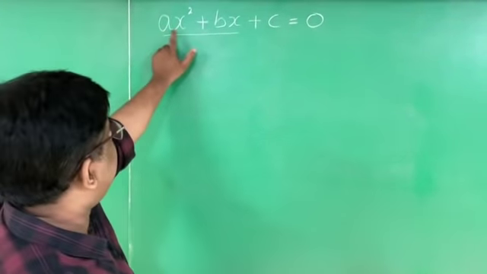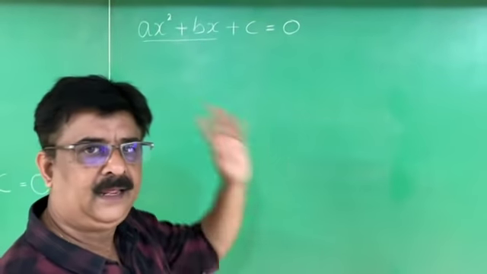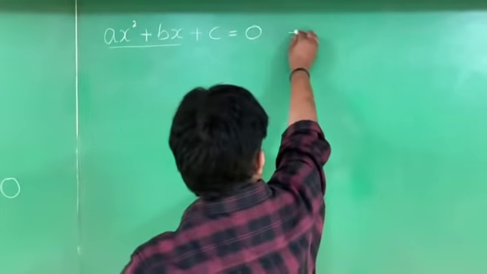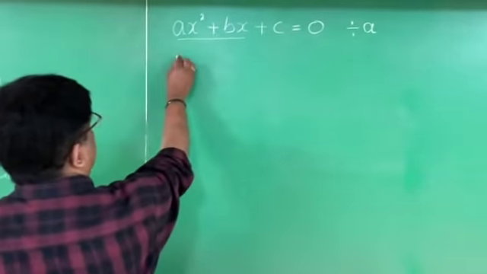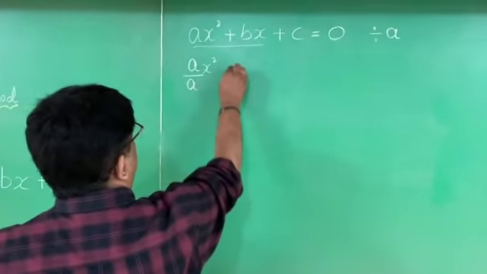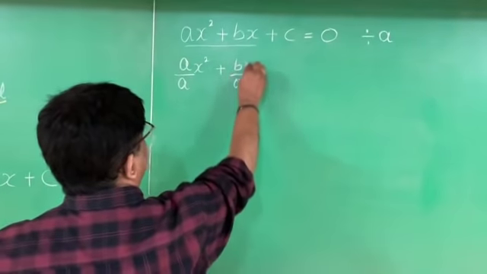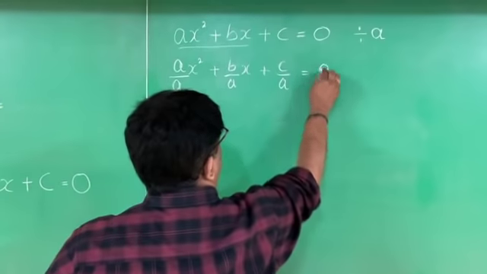To eliminate that a, we have to divide the whole equation by a. I am dividing the whole equation by a. When I divide the whole equation by a, it becomes a by a x square plus b by a x plus c by a is equal to 0 by a.